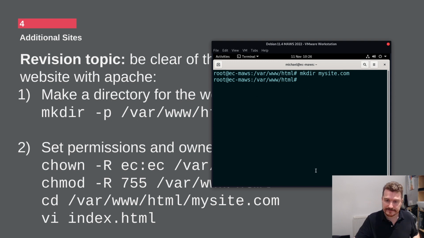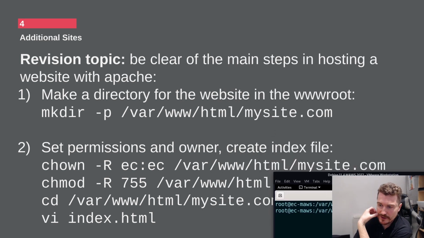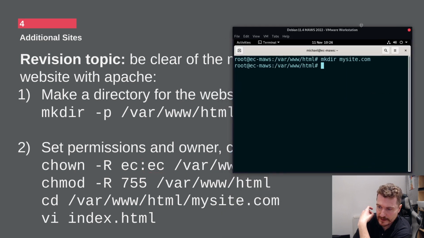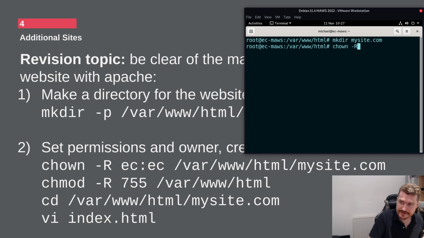So now what we also need to do is, we don't want the site to be owned by root. So we're going to change the ownership of the site to the EC user and to the EC group. Okay, so we'll do this up here so we can see both at the same time. So chown, change ownership. We don't need to do the -R, but I'll do it anyway because we're in the directory.